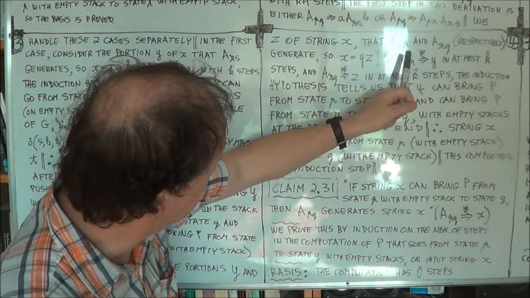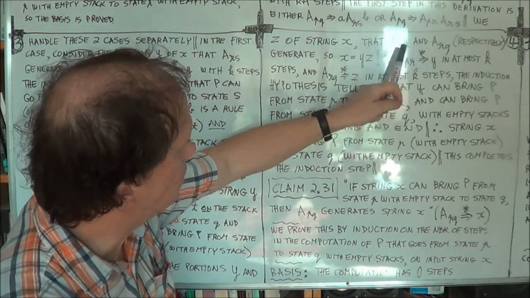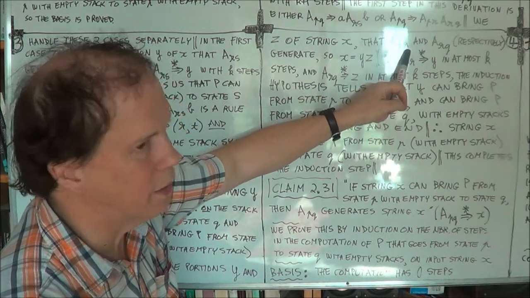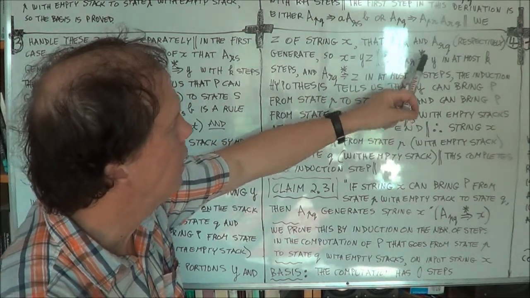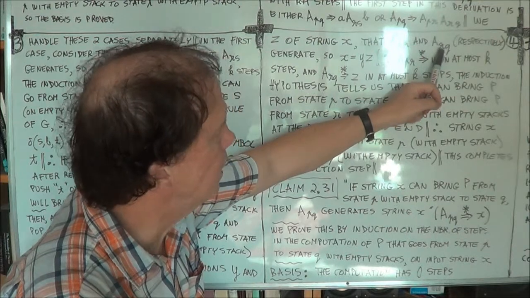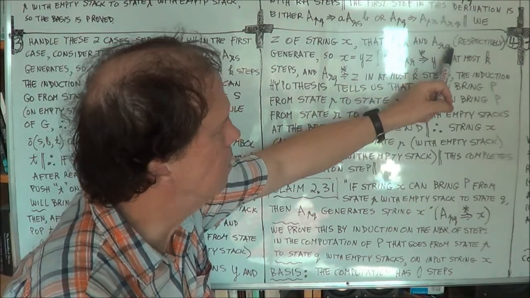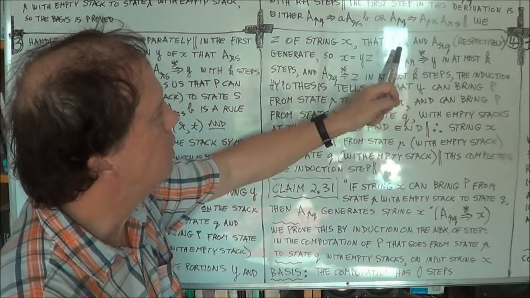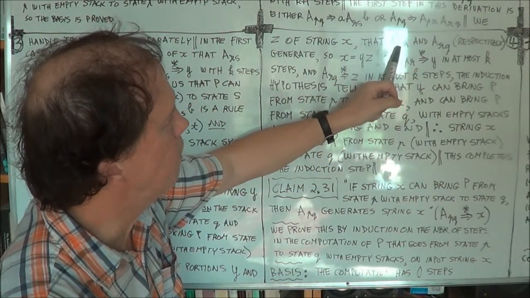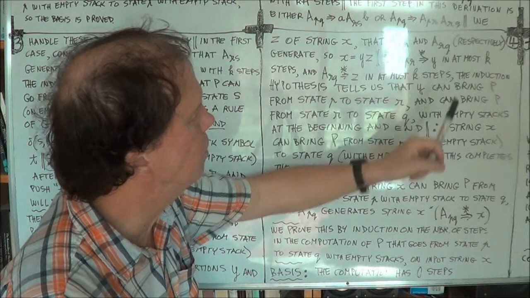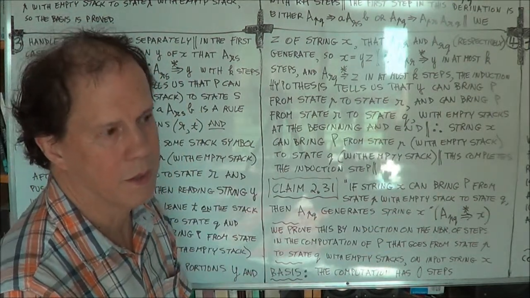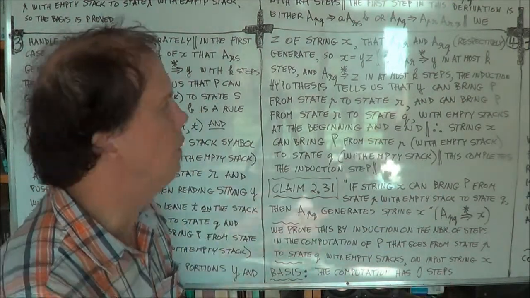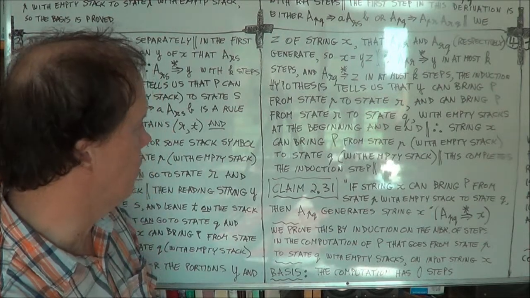Well, that means the two together: this will take you from state P to R and clears the stack, and then this one takes you from state R to state Q, clearing the stack. So the result is you're going from state P to state Q with the stacks cleared at the beginning and the end. So that also works.